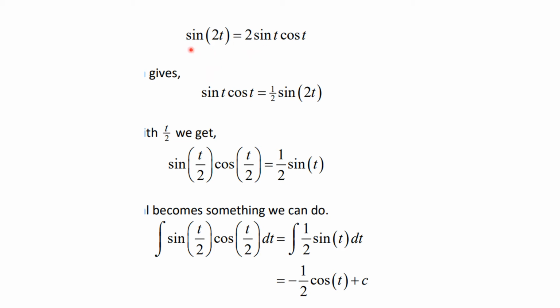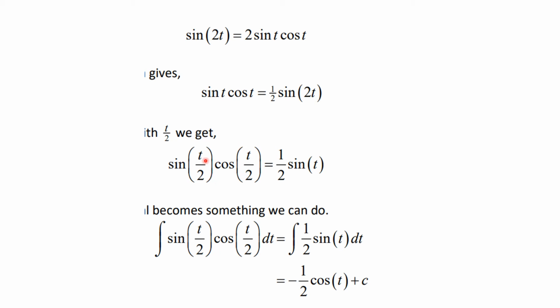If the sine of 2t is 2 times the sine of t cosine t, then if I divide both sides by 2, I get the sine of t times the cosine of t is equal to 1/2 the sine of 2t. Now, down here, I really don't have t.